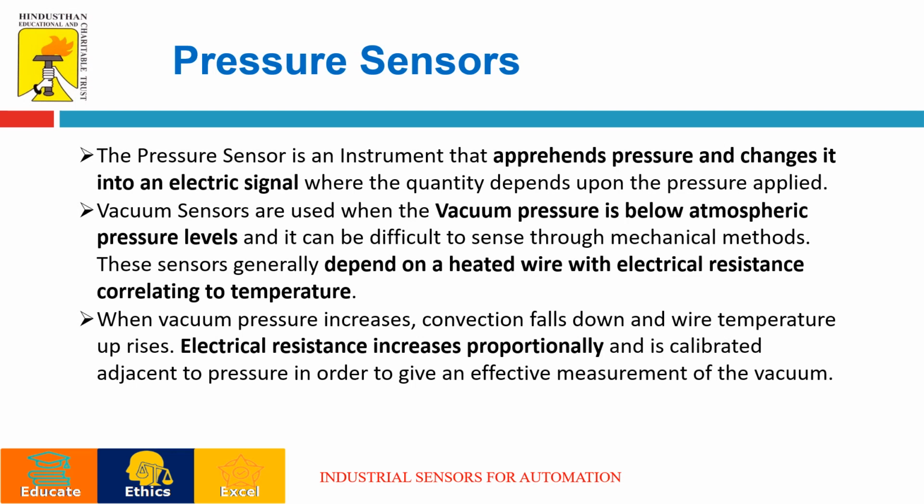You can use the vacuum pressure sensor, which is based on a heated wire with electrical resistance correlating to the temperature. The change in electrical resistance is proportional, and based upon the proportionality we can calibrate, and the effective measurement of the vacuum sensors can also be extended over a longer period.